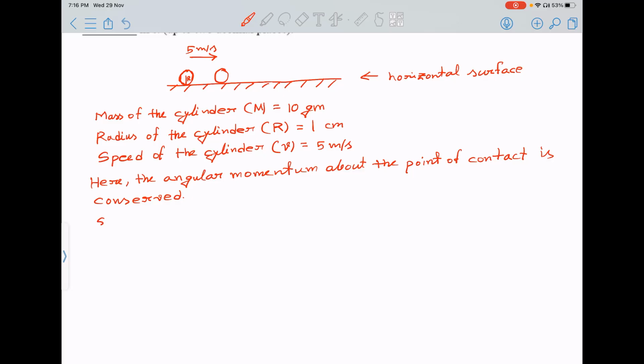So we can write m u r equals to m v r plus I cm omega. So what is this? This should be, I have changed. So this is actually u, initial velocity or initial speed initially.